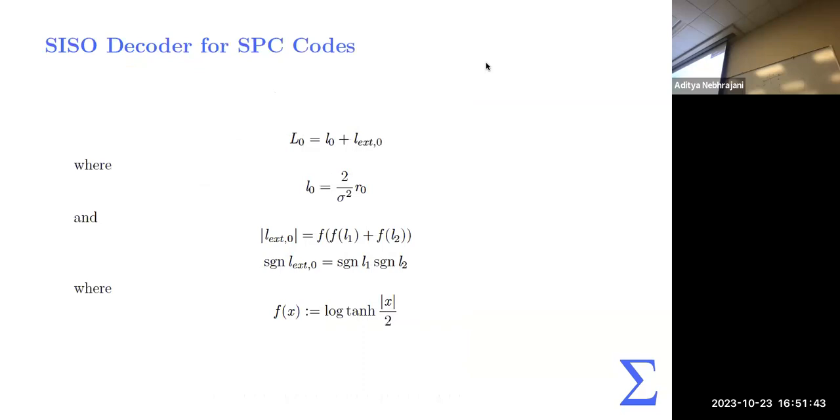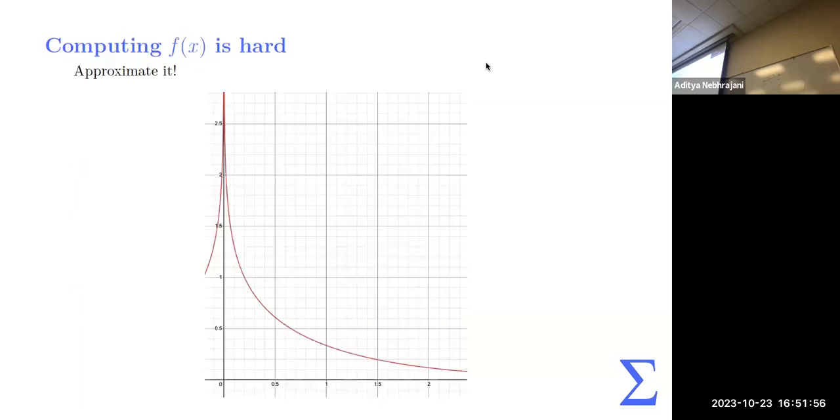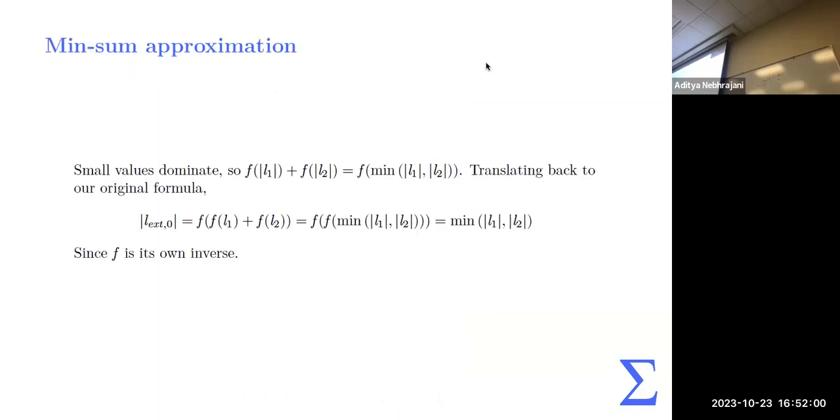What we're plugging in is a sum of two things, so the result over here is going to be dominated by the smaller of L1 and L2, because that will have a larger output. So this quantity is dominated by the minimum of those.